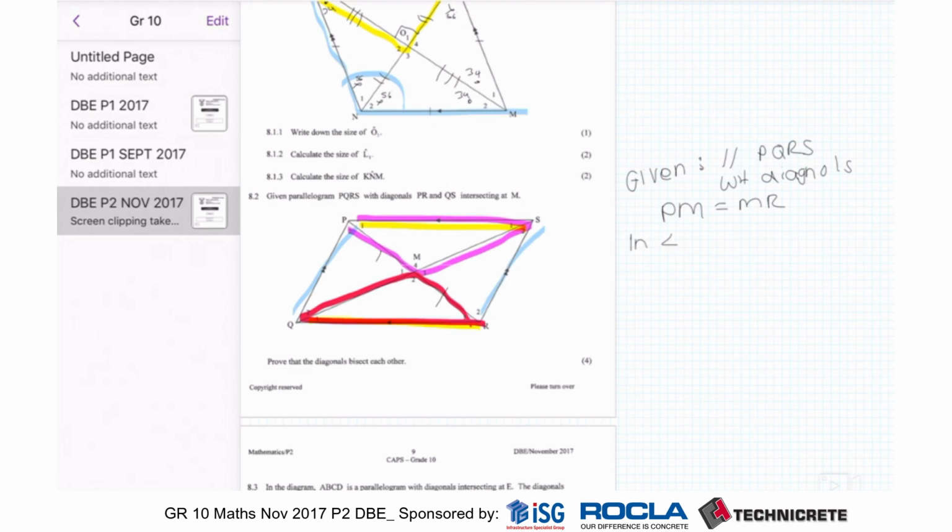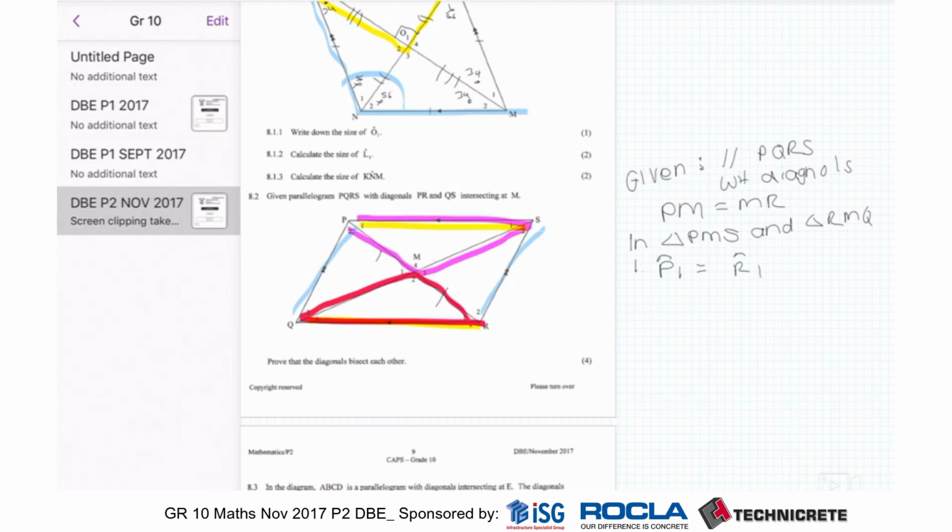So in triangle PMS, we are basically proving that the triangles are congruent. And triangle RMQ. So the first statement is that angle P1 is equal to angle R1.